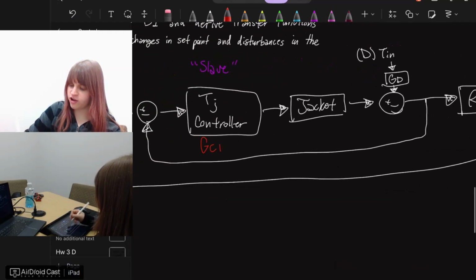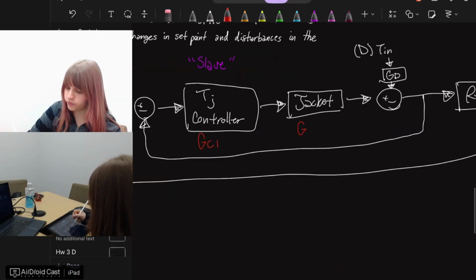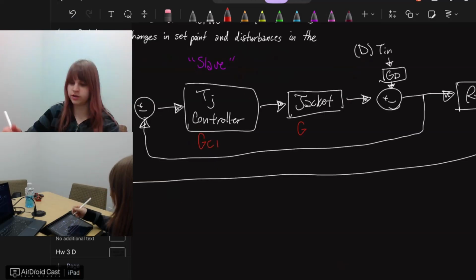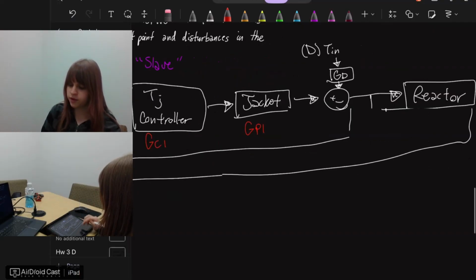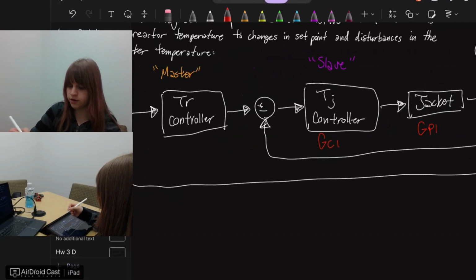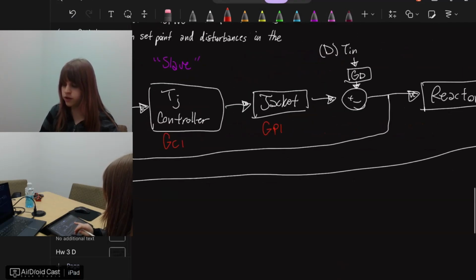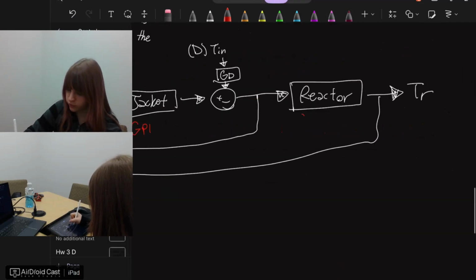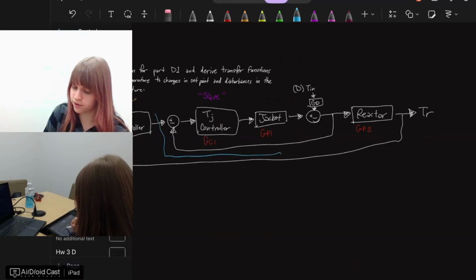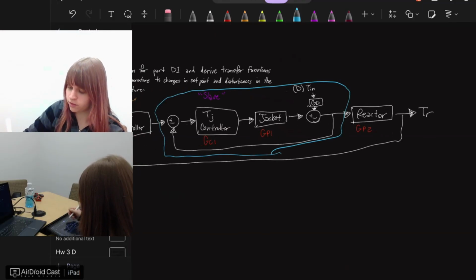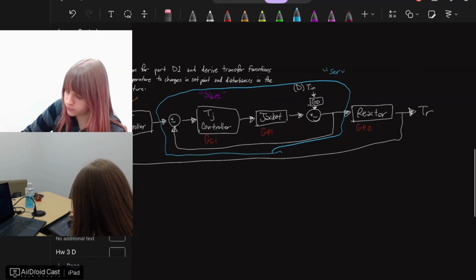And this jacket is the transfer function I'm going to call GP1. Similarly, our reactor temperature controller, I'm going to call that GC2. And the reactor transfer function will be GP2. As you can see, we have an inner loop right here that we're going to call the servo.